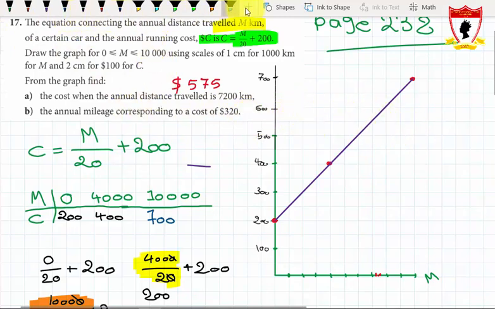We need something like this again, so you are going to use a ruler to see where 300 is. The point halfway between 300 and 400 is 350. So 320 is nearly halfway, even a little bit less than half, between 350 and 300.